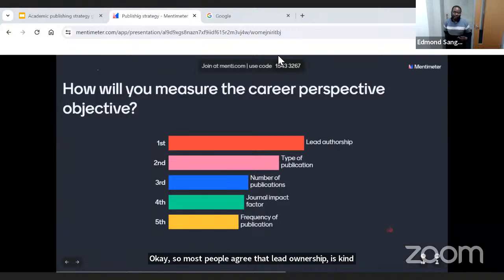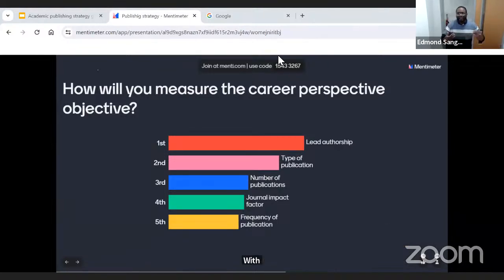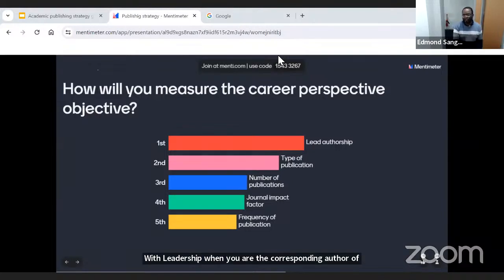With lead authorship, when you are the corresponding author or first author, that publication is given more value. I know particularly in East Asia and South Asia, this aspect is really important, that when you're a lead author, then type of publication is what is cropping up these days.